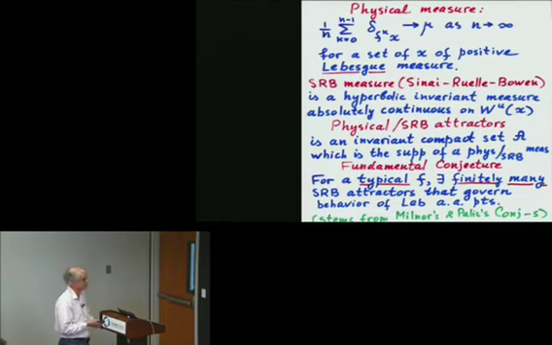It was discovered that there is a fairly complicated invariant set so that orbits asymptotically converge to this set. Actually, the set is more complicated than it appears in this picture, because if you magnify it, you will see a lot of very complicated and intricate structure. That is what was called in the 70s a strange attractor. So we have a notion of physical or SRB attractor, which is an attractor that is the support of a physical or SRB measure.